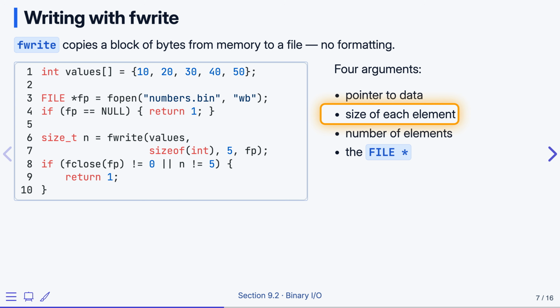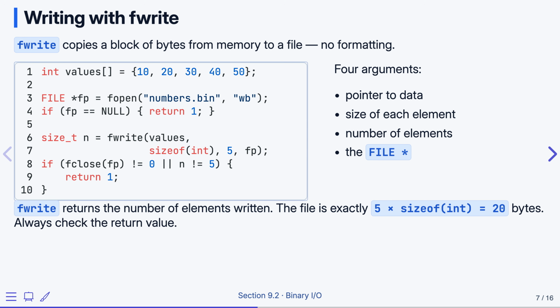Second, the size of each element, sizeof int, which is 4 bytes. Third, the number of elements, 5. And fourth, the file pointer. fwrite returns the number of elements it actually wrote, and we check it. The resulting file is exactly 5 times 4, which is 20 bytes. No newlines, no spaces, just the raw integers.